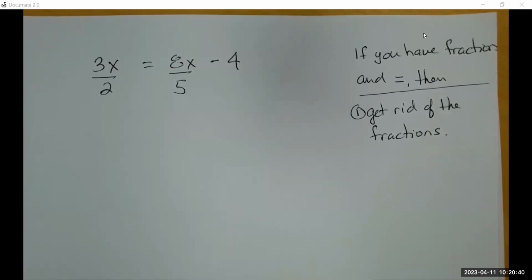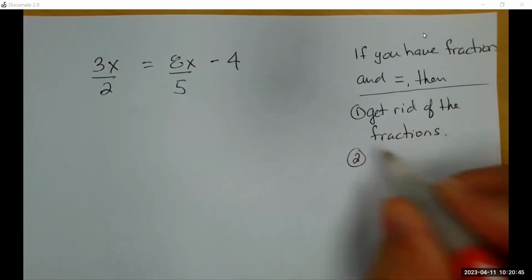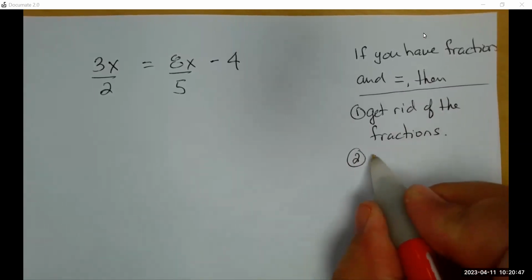So if you have fractions and an equal sign, get rid of the fractions. How do you get rid of the fractions?